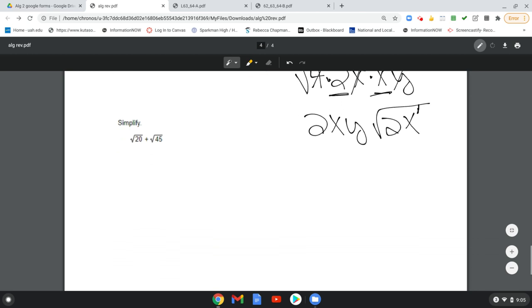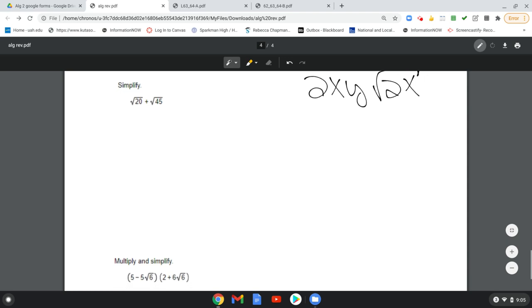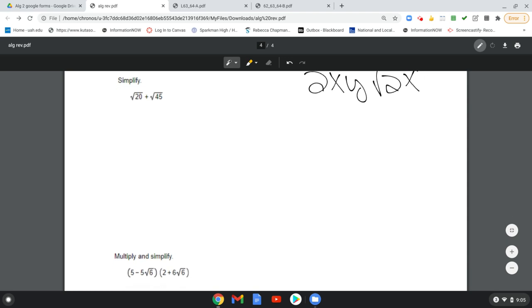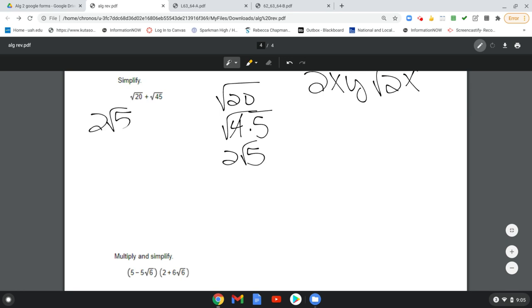I actually told you a fib. There's one more question after the square root of 20 and the square root of 45. So before we can add those together, we have to simplify them. So square root of 20 breaks down to 4 times 5, 4 being the perfect square, and that gives me 2 square roots of 5. So I broke down the square root of 20 and got 2 square roots of 5.